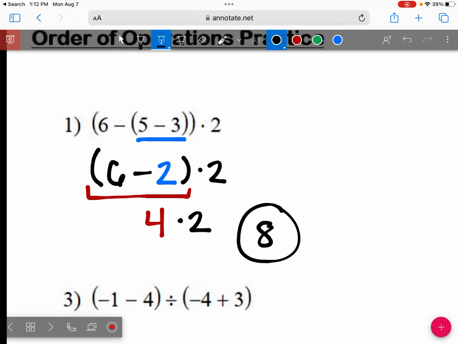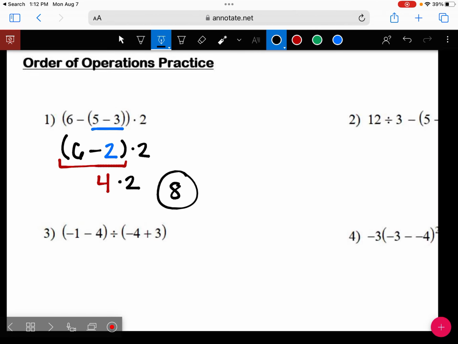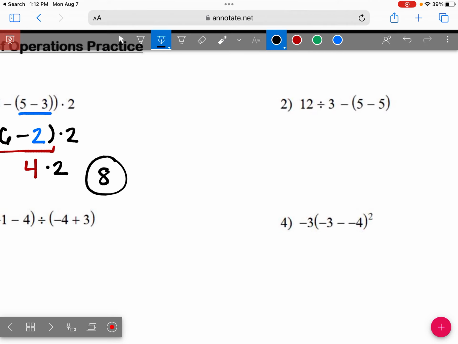All right, let's look at question number 2. Start off with your parentheses. So 5 minus 5 is 0. So 12 divided by 3 minus 0. Now we have two operations. We have division and subtraction.